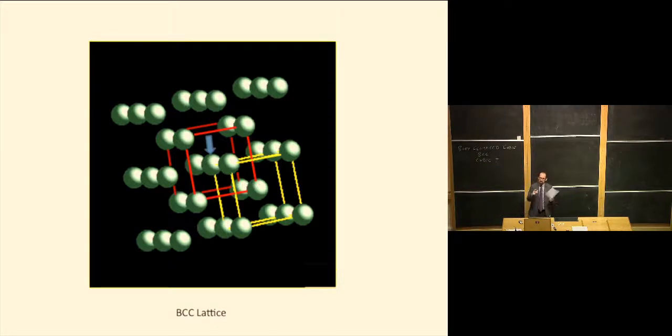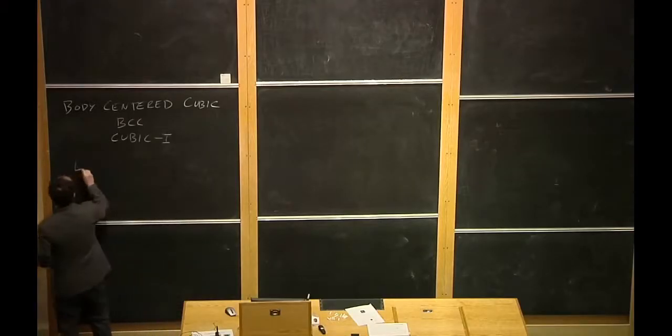So each sphere thinks that they're inside a cube. So every point of the lattice is equivalent. That may not be a sufficiently convincing argument to convince you that the BCC is actually a lattice. So what we should do is we should write down the lattice vectors.